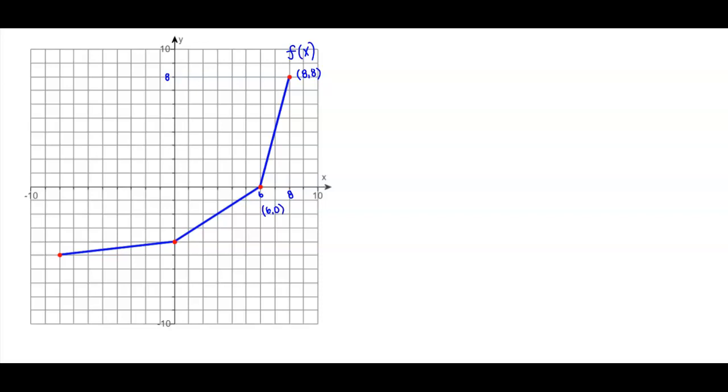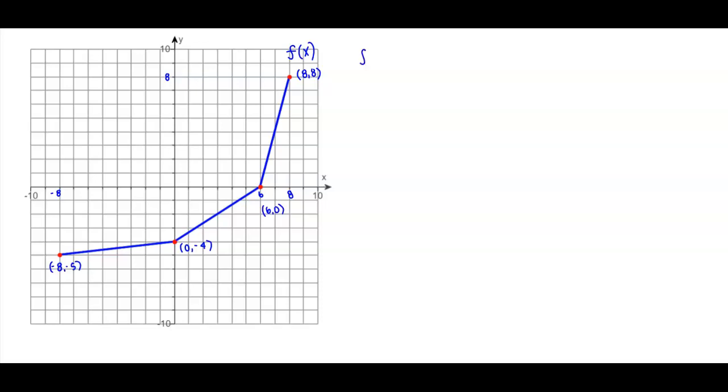This ordered pair is (0, -4). And then this ordered pair here is (-8, -5).